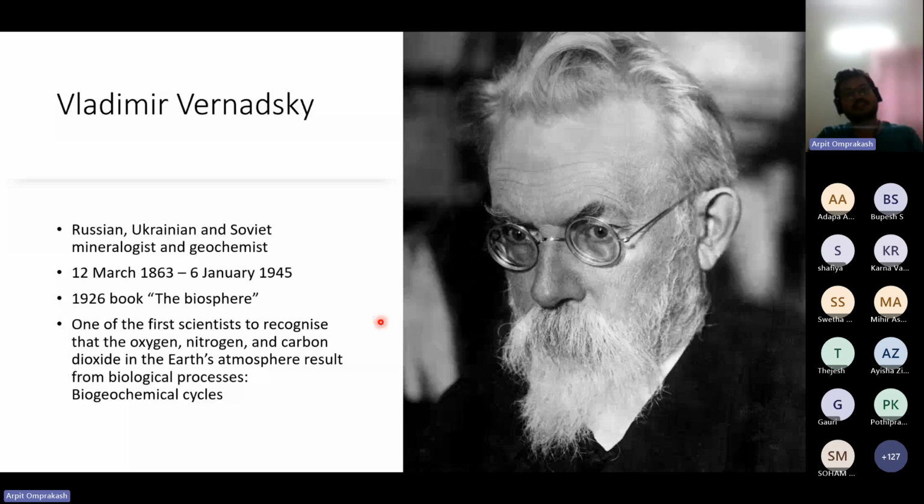Plants take up nitrogen from the soil, and animals that eat plants get nitrogen, and other animals that eat other animals also get nitrogen from them. When all of them die, the decomposers in the soil decompose all the organic matter, and the nitrogen and carbon present in the bodies of different animals and plants goes back to the soil again.